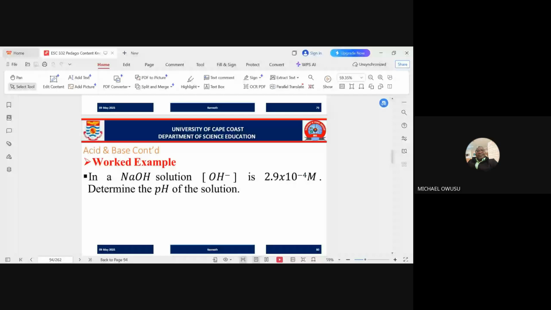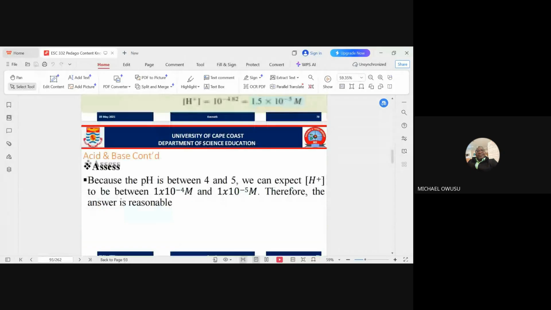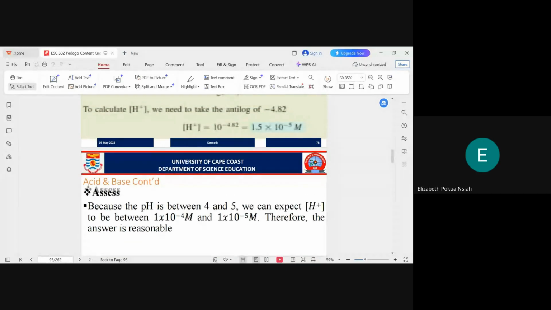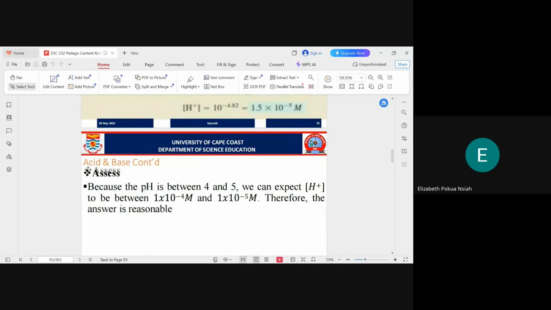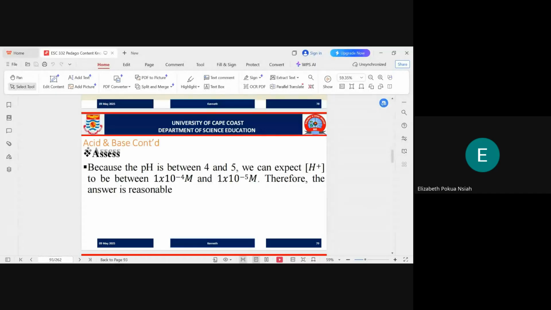Are you done? Yes, Doc. Let's hear you. Doc, the question is asking us to determine the hydrogen ion concentration of the rainwater, whereby pH was given to be 4.82. And we know that pH is equal to negative log of the hydrogen ion concentration.